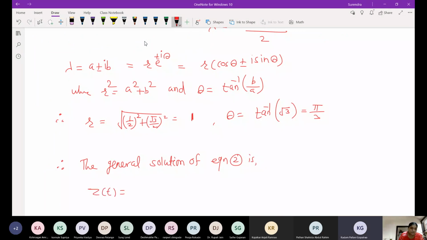C1 times a cos pi by 3 t plus b sine pi by 3 t. Is that okay? Yeah.